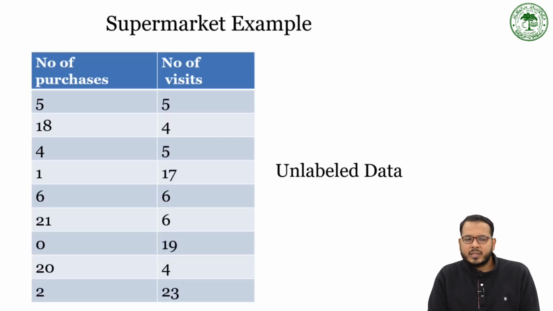But in a practical scenario, we do not usually have the corresponding label. Think about that. Who will sit in the supermarket or mall and, based on the purchases and visits, assign them a label? You will be amazed to know that in many classification data sets, the labels are assigned manually by a human expert.